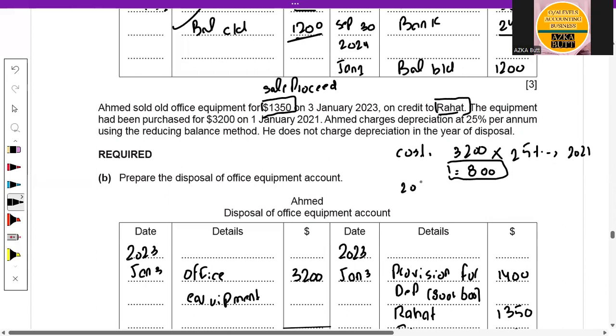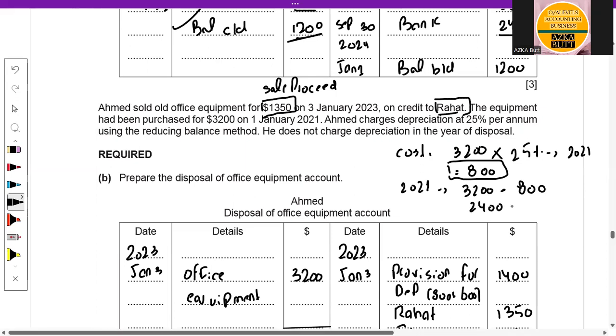Now 2022. Since we are using the reducing balance method, first of all we need to calculate its net book value. So 3,200 is the cost minus 800 its depreciation, so 2,400 would be the net book value.